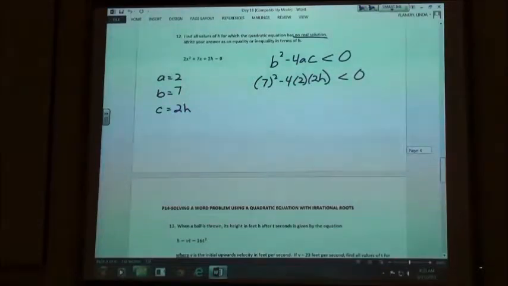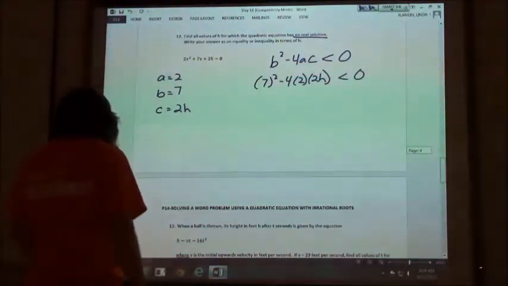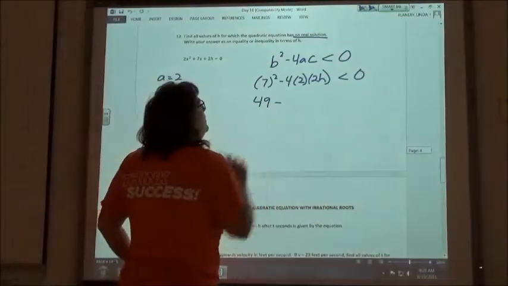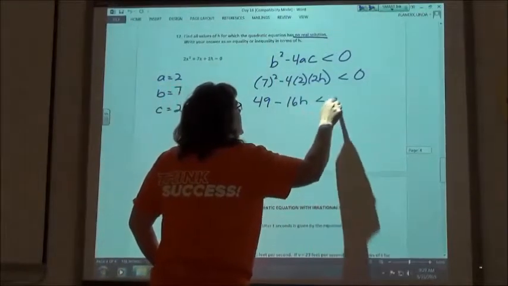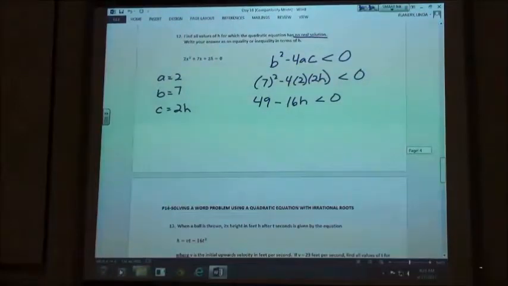So solving that, we would get 49 minus 16h is less than 0 then. If we're going to solve that, we would do what next?